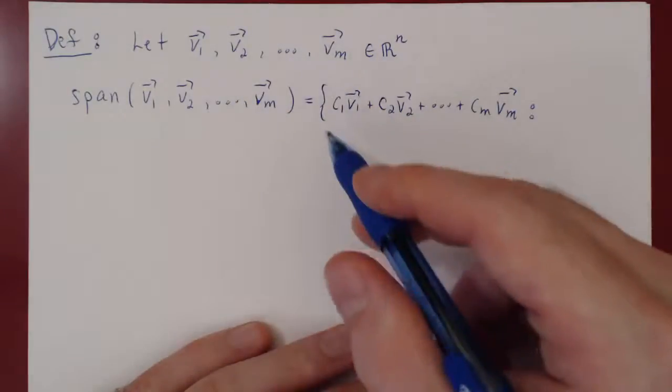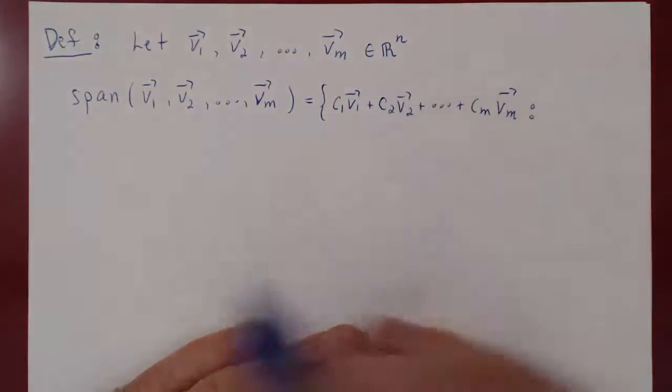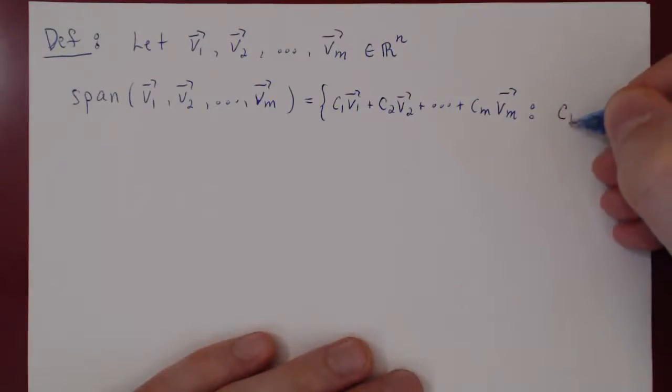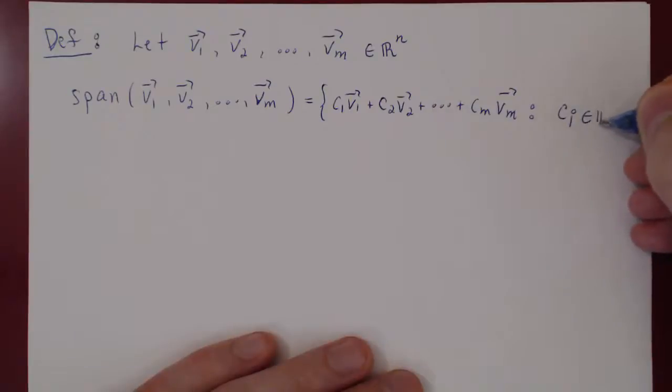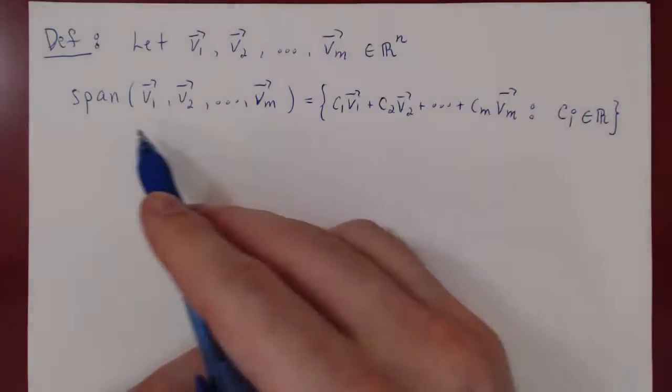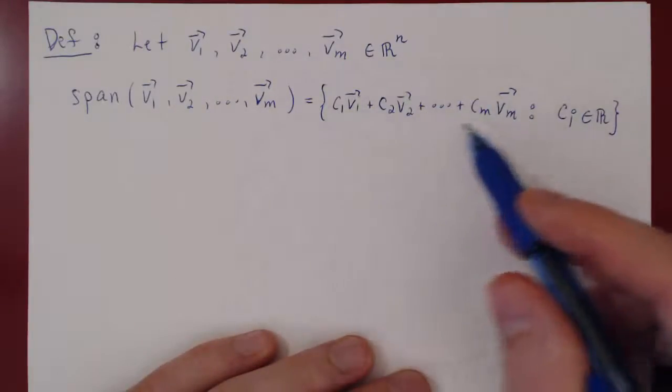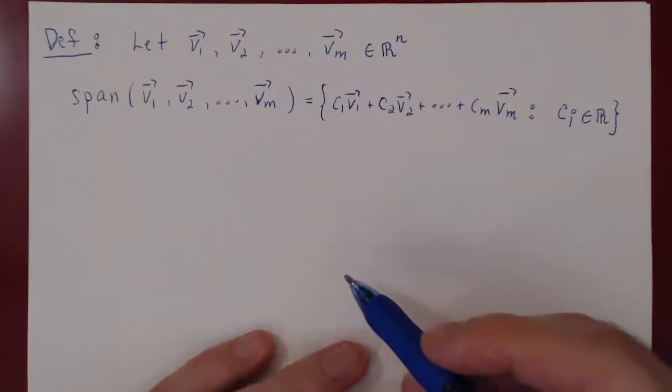These are fixed vectors, and c1, c2 up to cm are allowed to range over all real numbers. So we simply write ci for any i can be any real number of our choice. So the span of these m vectors is the set of all possible linear combinations of these m vectors.